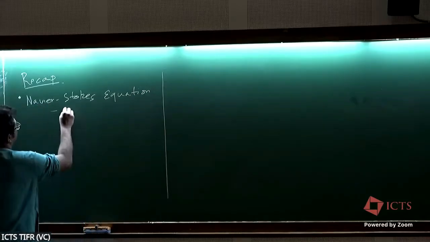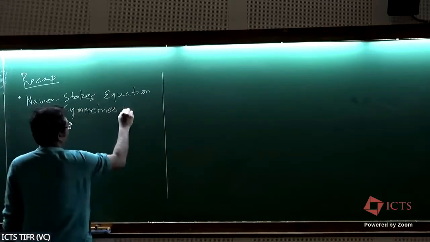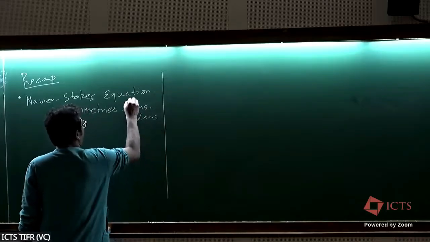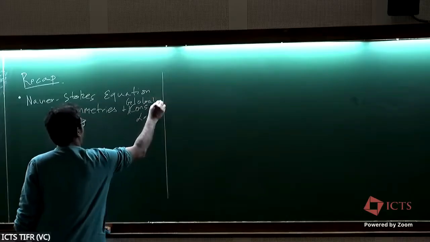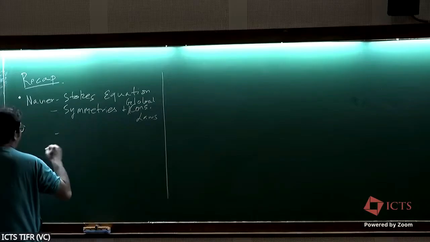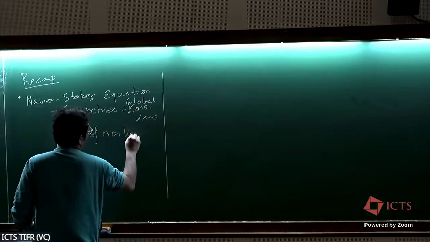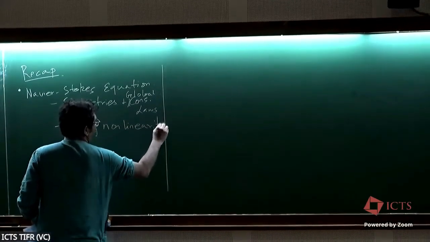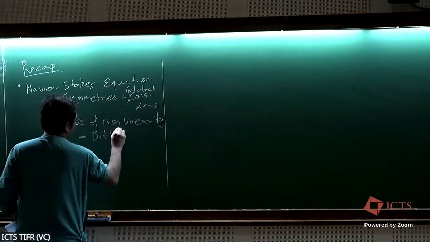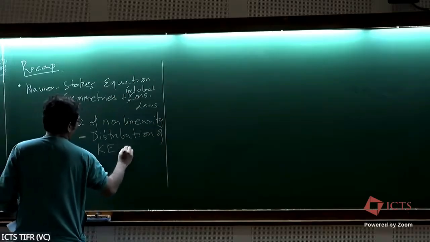And what we also discussed about the Navier-Stokes equation were ideas of symmetries and conservation laws, global conservation laws, just so that we know where we stand, and the role of nonlinearity. This played a role in the distribution of kinetic energy across scales.